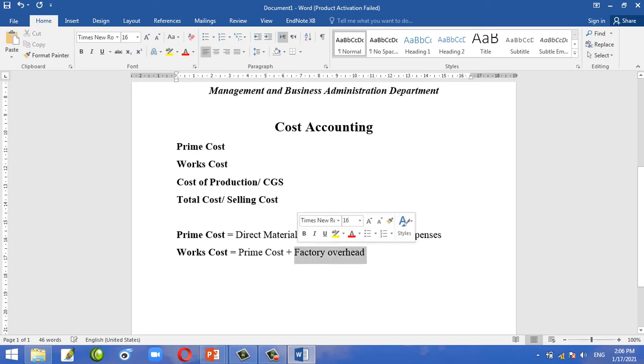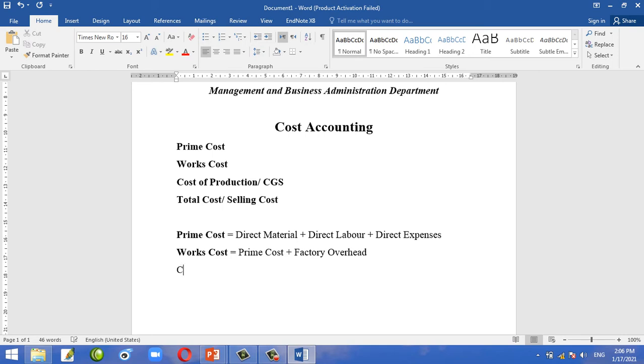Factory overhead is the combination of the indirect material, indirect labor, and indirect expenses. That one is called factory overhead. So factory overhead plus prime cost is equal to works cost. That is the formula of the works cost.